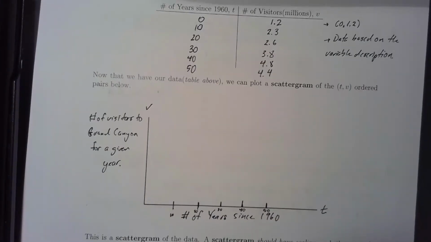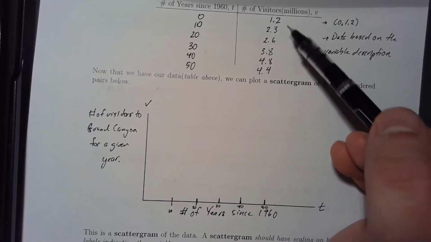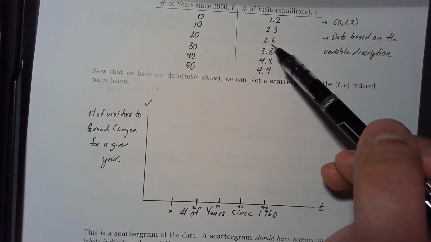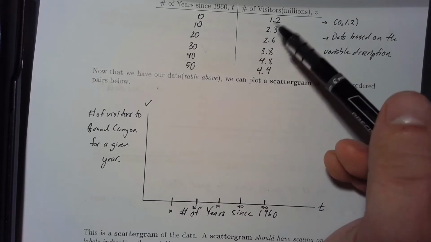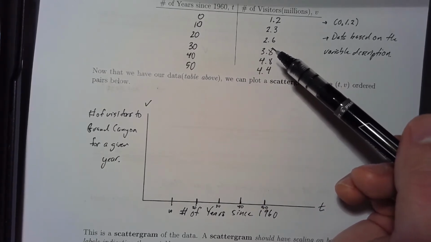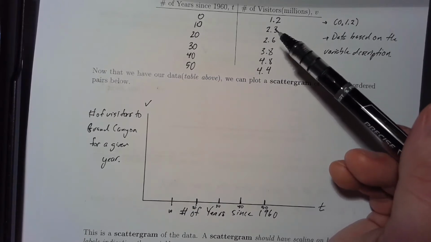And if we look at V, well, this goes from 1.2, 2.3, 2.6. So we have decimal values. So increments of 1 is perfectly fine.